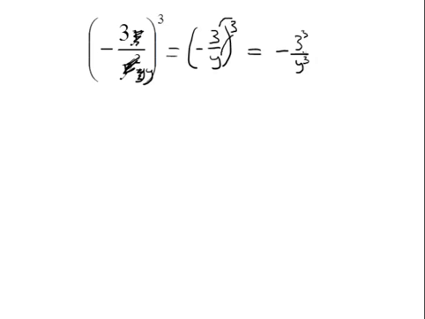And since there's no common factors, since I've already reduced the inside as much as I can, to simplify this is now just a matter of simplifying the top and the bottom. The negative sign is still there, but 3 to the third is 27, and y to the third is just y to the third.